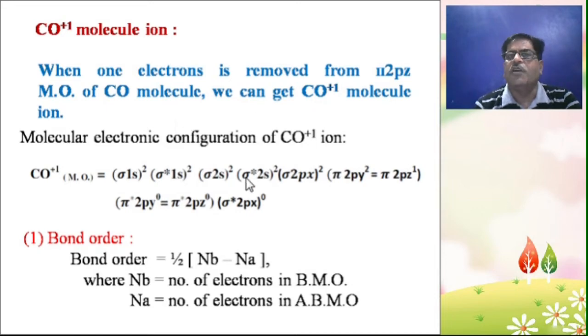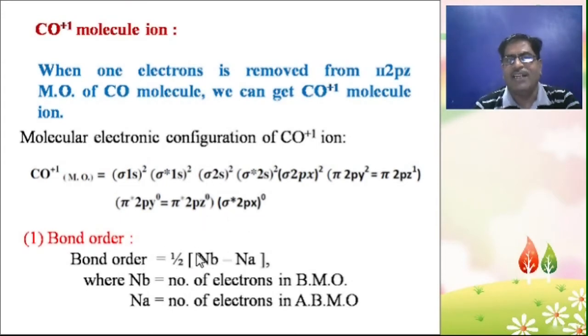The molecular electronic configuration of the CO+ ion: sigma 1s2, sigma star 1s2, sigma 2s2, sigma star 2s2, sigma 2px2, pi 2py2, pi 2pz1, pi star 2py0, pi star 2pz0 and sigma star 2px0.